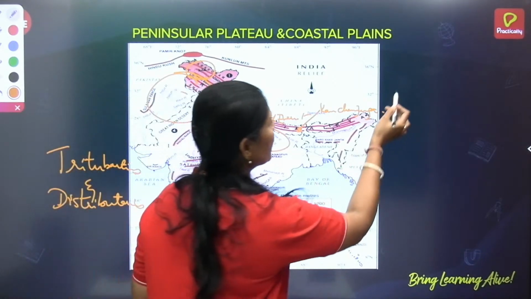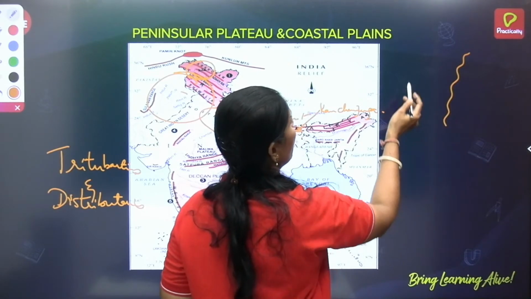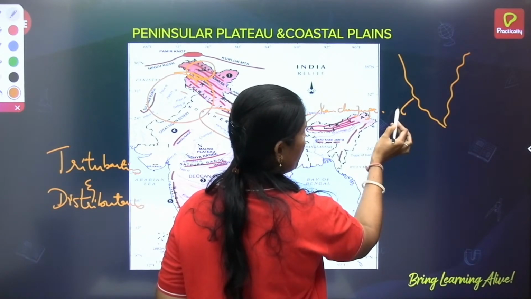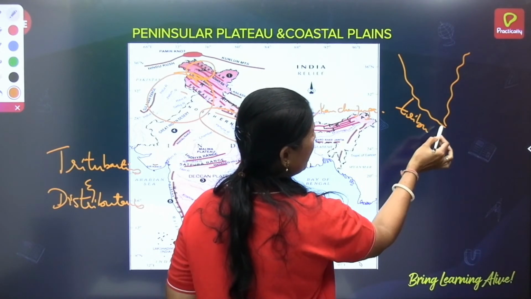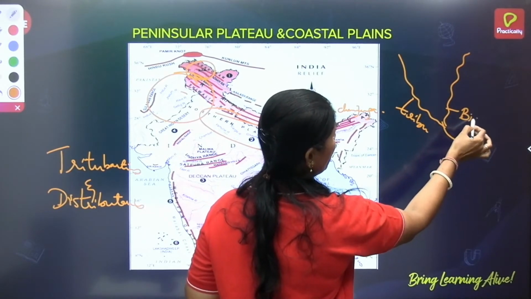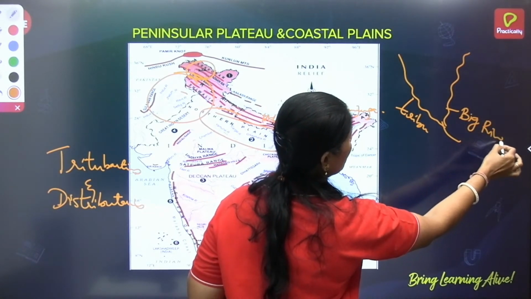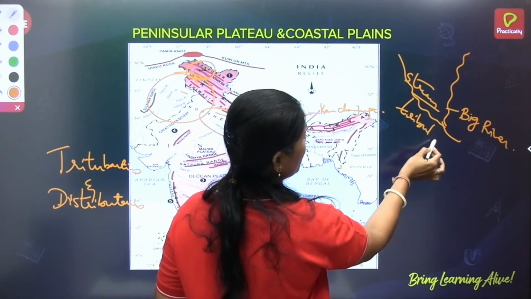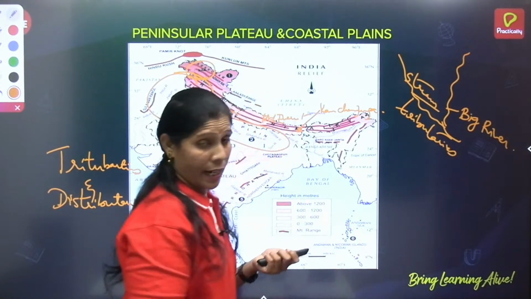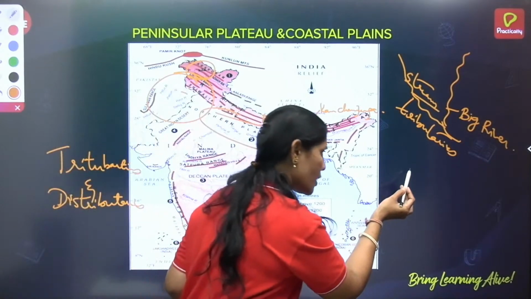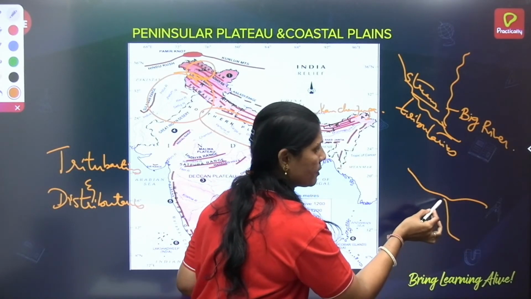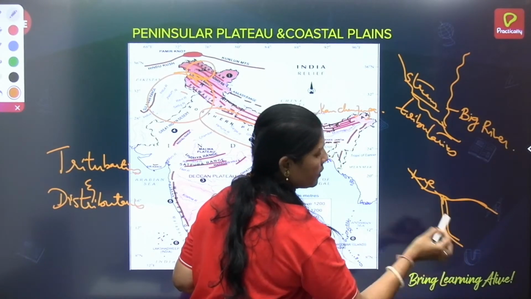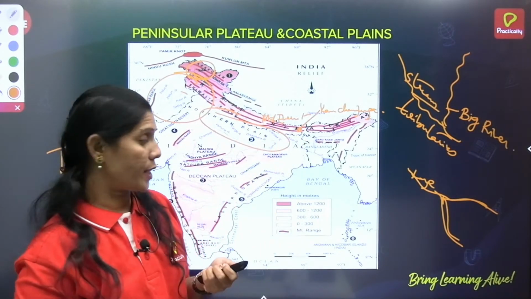When a river is flowing and a stream joins a larger river, it's called a tributary. Whereas distributary means a larger river splits into parts. Okay, it was splitting into parts. We call it distributaries.